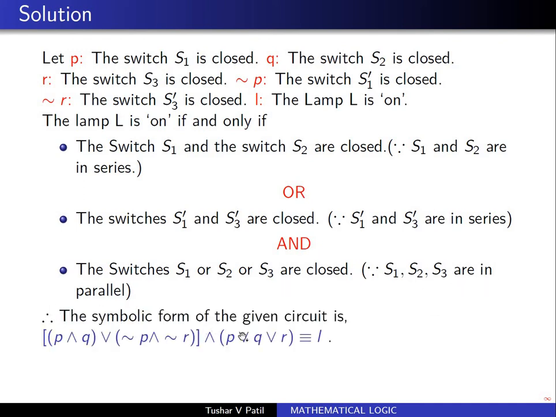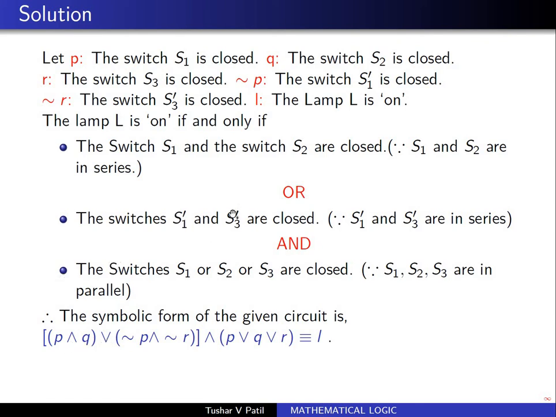And the symbolic form of the given circuit is P conjunction Q, disjunction with negation P conjunction negation R, conjunction with P disjunction Q disjunction R, is equivalent to L. This is nothing but the symbolic form of these three statements. Switches S1 and S2 are closed: P conjunction Q, or means disjunction.